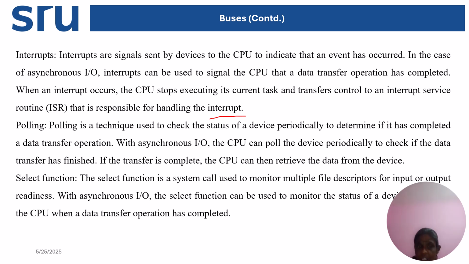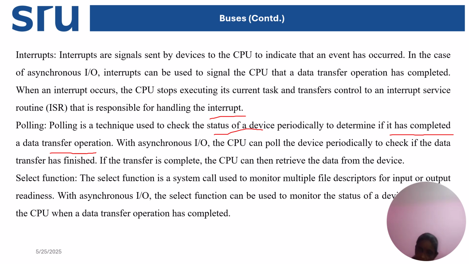Polling is a technique used to check the status of the device periodically. Within a certain duration of time, it has to repeatedly ask the IO device to determine if it has completed the data transfer operation, because the interrupt has already occurred.